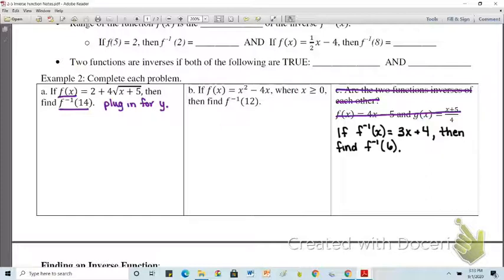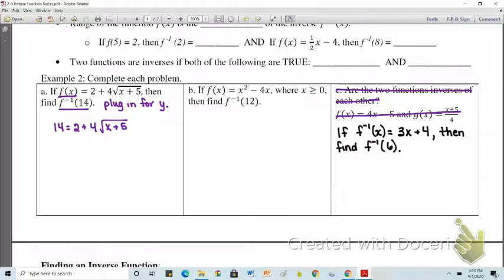If I give you an f of x and ask you to evaluate the inverse, you're going to plug that number in for y. So this becomes 14 equals 2 plus 4 square roots of x plus 5.